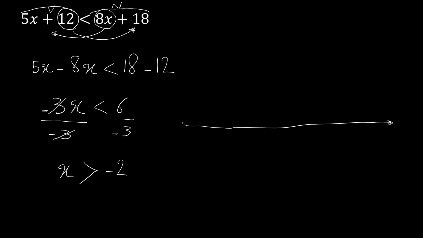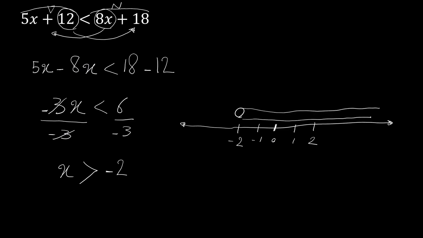Because it does not have an equal sign, it is only greater than -2, with 0, -1, -2, 1, 2, and so on. Because it does not have an equal sign, this circle must not be filled, and it is greater than that. So it is going to be like this. This is going to be the answer.